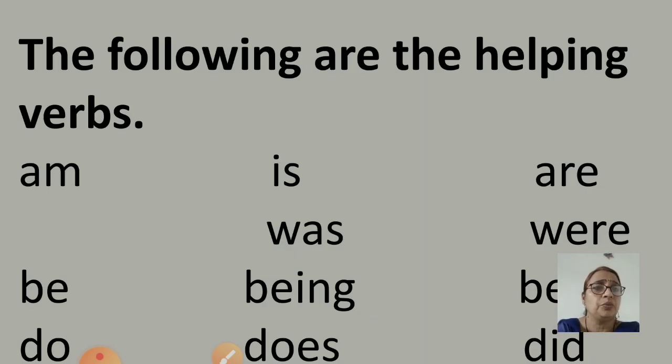Now here in your book, there is a list of some helping verbs given. Let's see. You can read it aloud with me. Am, is, was, are, were. Am, is, was, are, were. Be, being, been. Do, does, did.